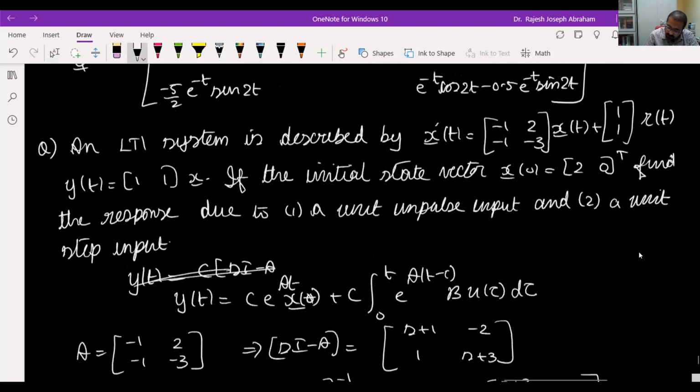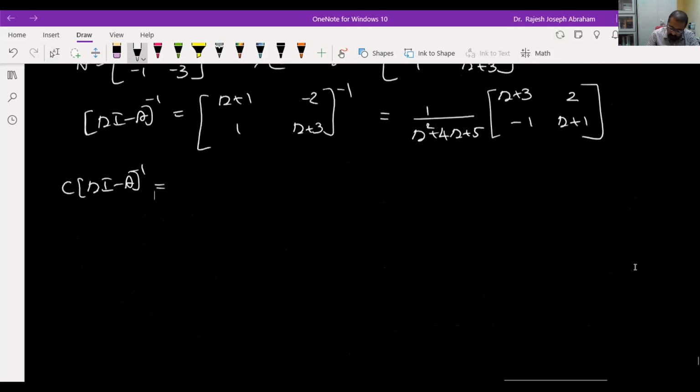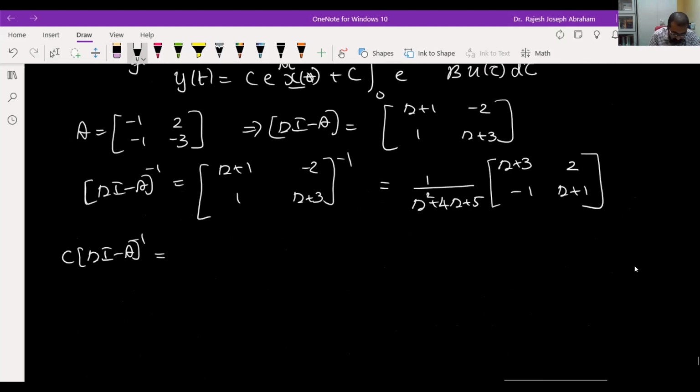C was 1, 1. So I can write the denominator as (s plus 2) whole square plus 1, into the C matrix. So you will get the final expression as [s plus 2, s plus 3]. Okay, so this will be C into (sI minus A) inverse.